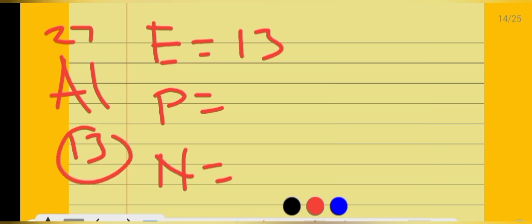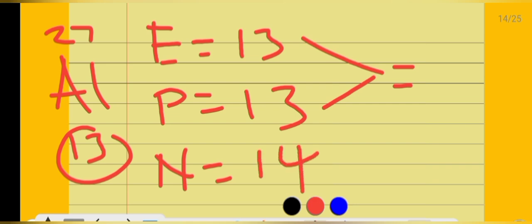Protons are going to be 13 because this is a neutral aluminium atom. It's neither positive nor negatively charged, so it's not an ion yet. It's not a cation yet. The number of protons and electrons are equal, which makes it neutral. So the neutrons are going to be 27 minus 13. That gives us 14.